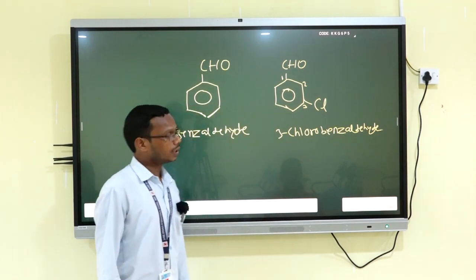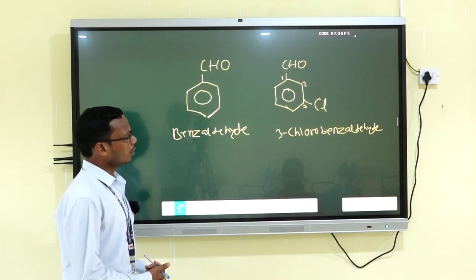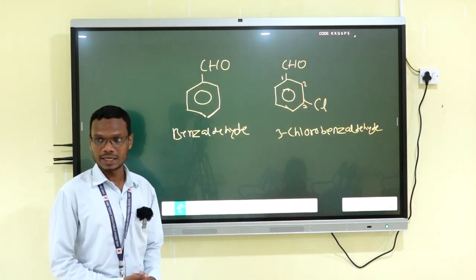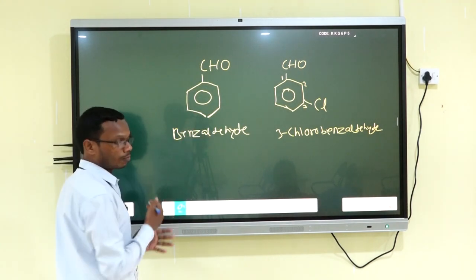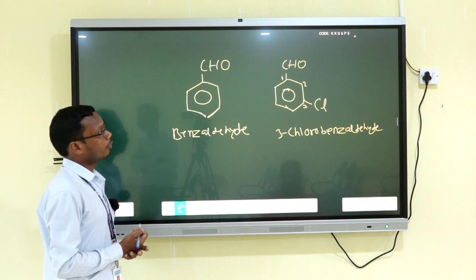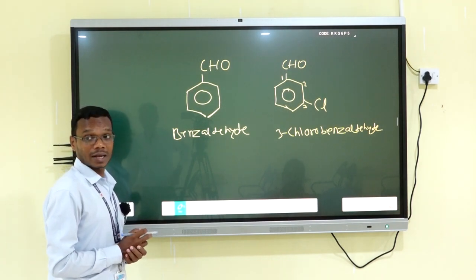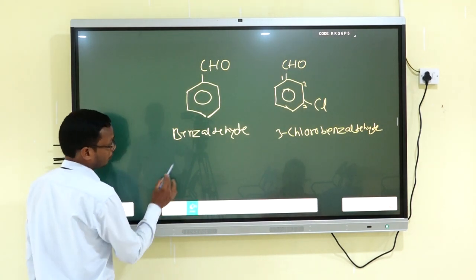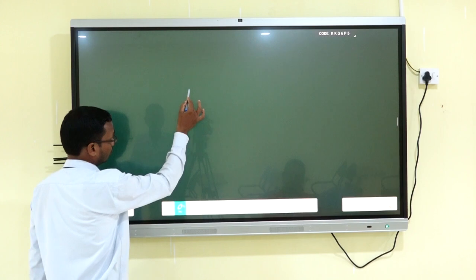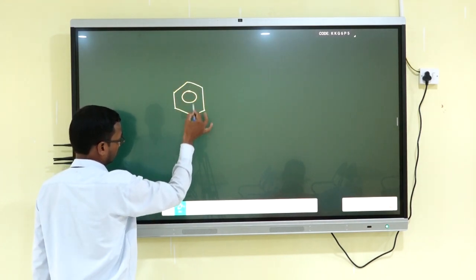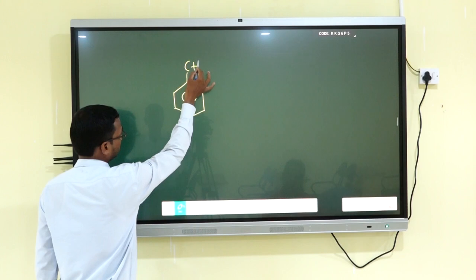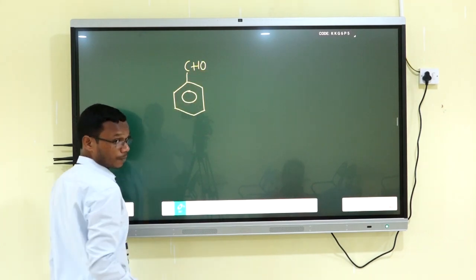Okay, 3-chlorobenzaldehyde or M-chlorobenzaldehyde. Remember, in the cyclic compound, the positions ortho, meta and para are 3 different positions. In this, CHO is at the first position.